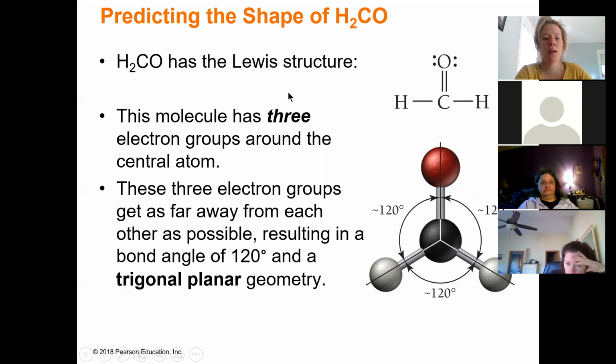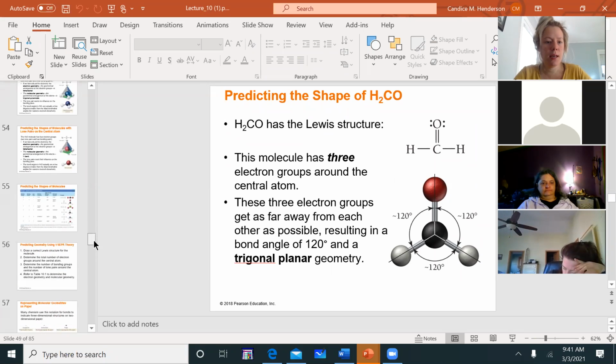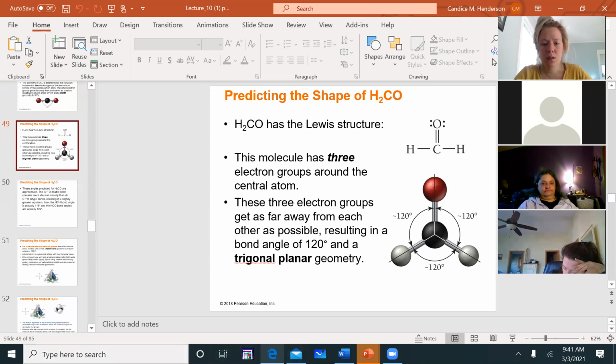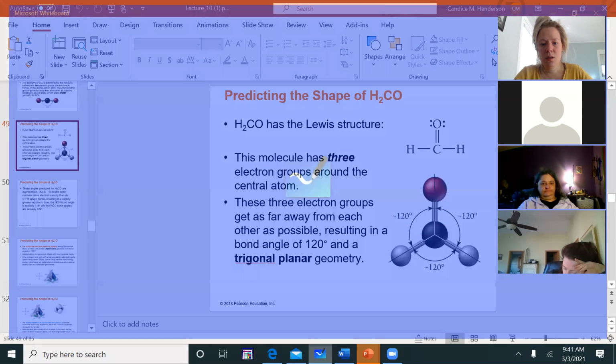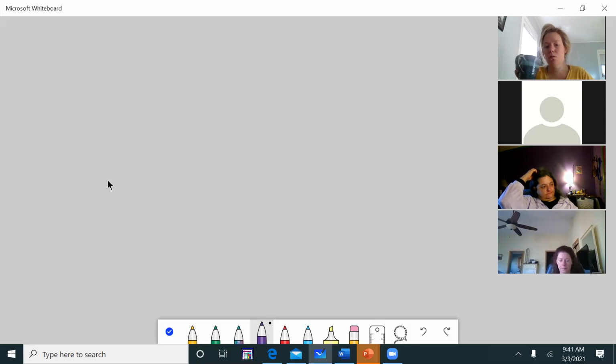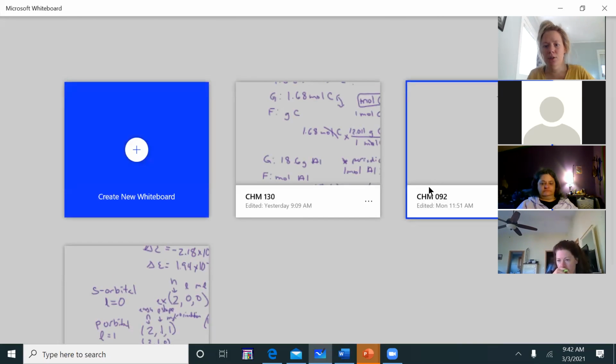Now, the next thing I want to do, before I even go to the slide, is I'm going to have us do the Lewis dot structure for methane.